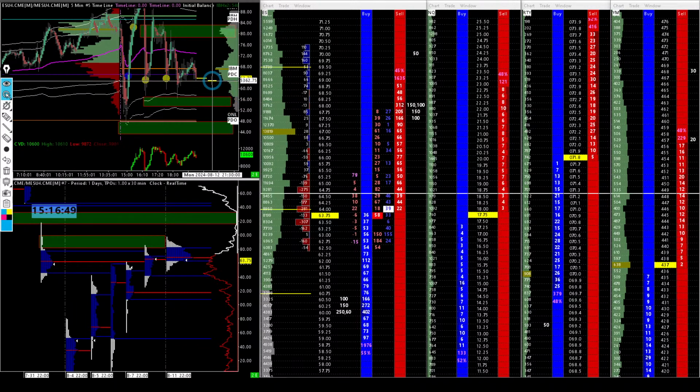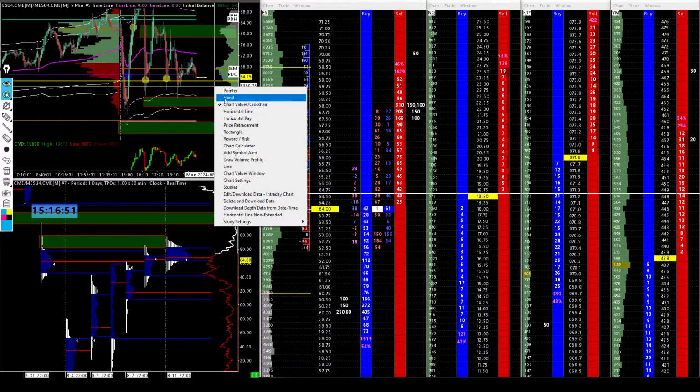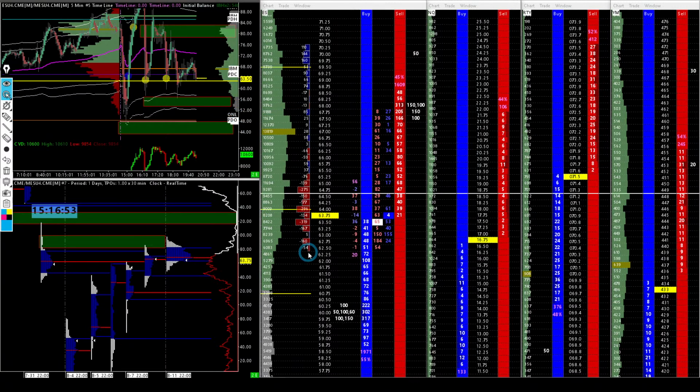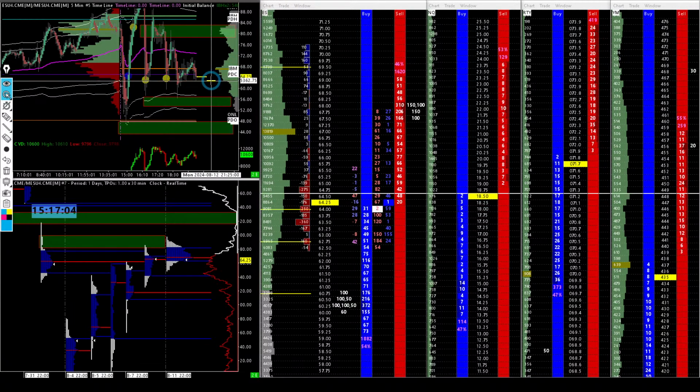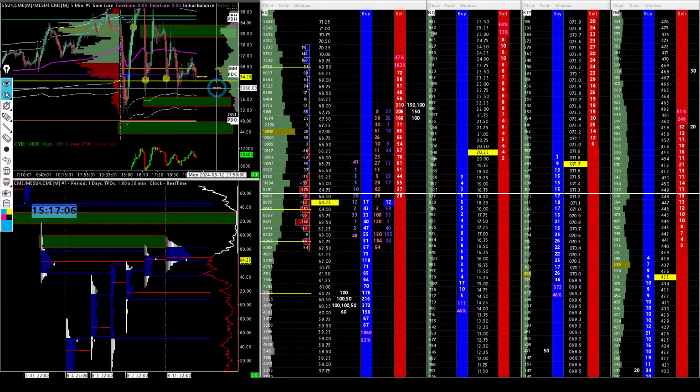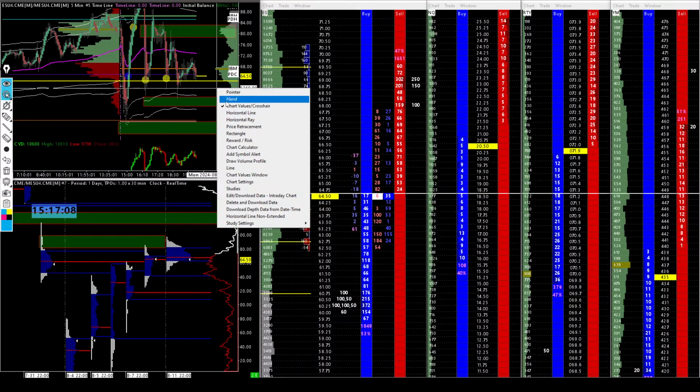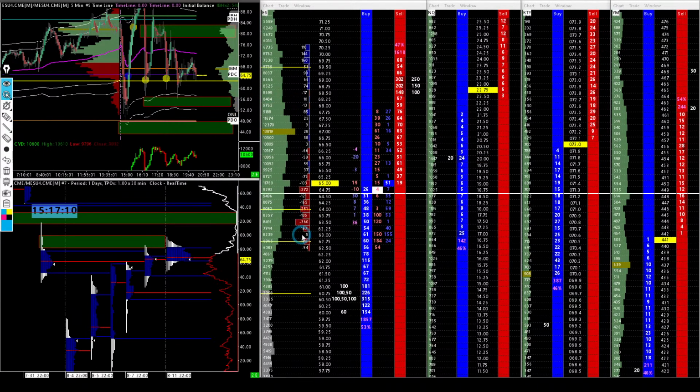So we should see a little stop run, 62 and 3/4, pretty much through here. Is that right? I think it is, just to double check. Yeah, okay, a little mini stop run below here, if it can break it.